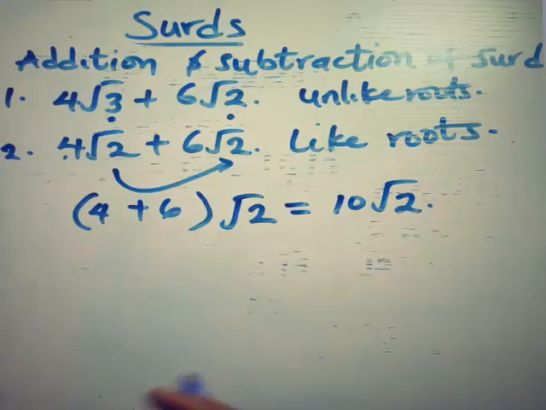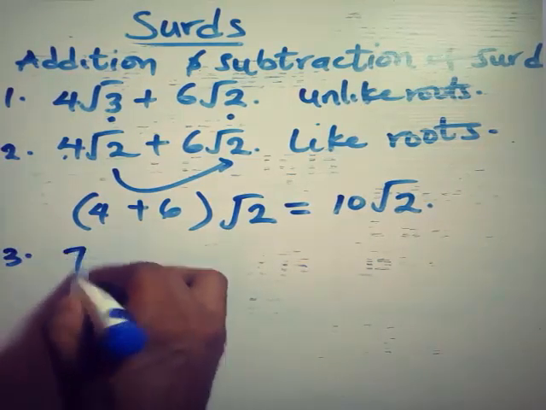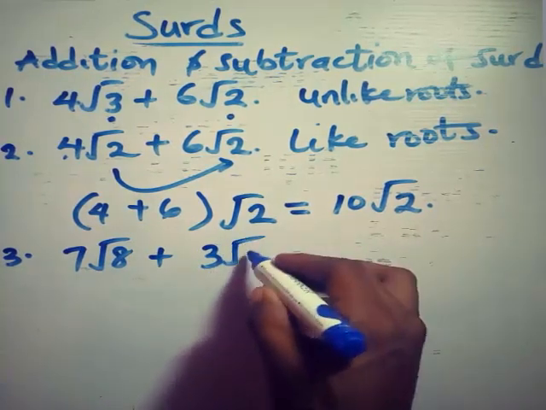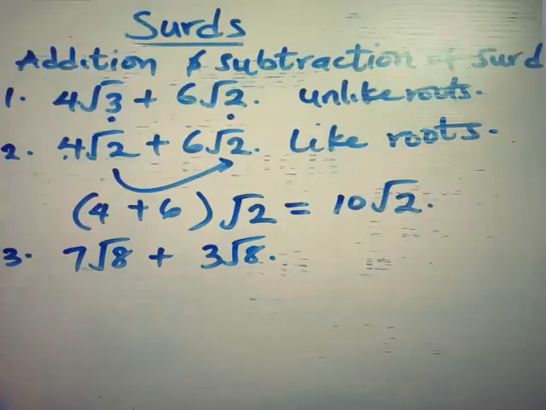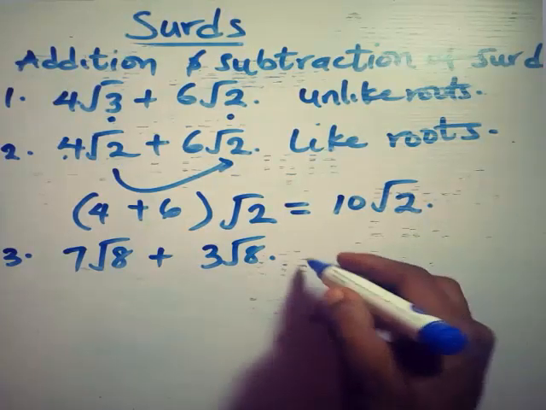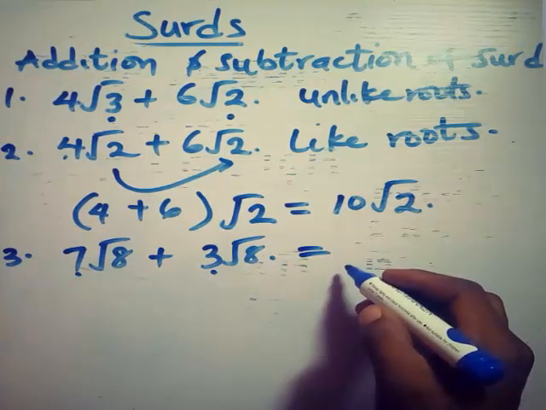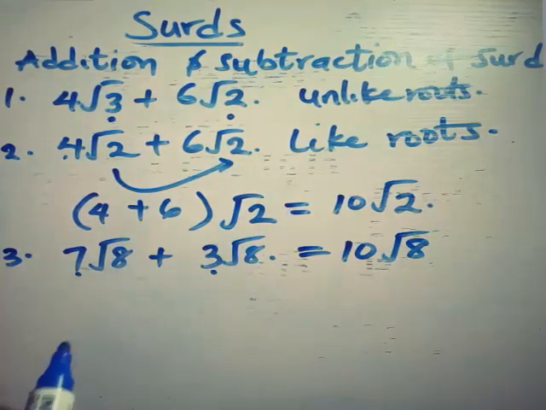I believe you've gotten this, so you can try this on your own time. If you've tried this, what you should have is this coefficient plus the coefficient of the other side gives us 10 root 8. Good. Let's take a look at subtraction.